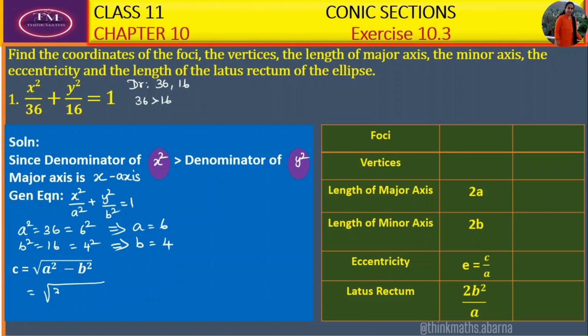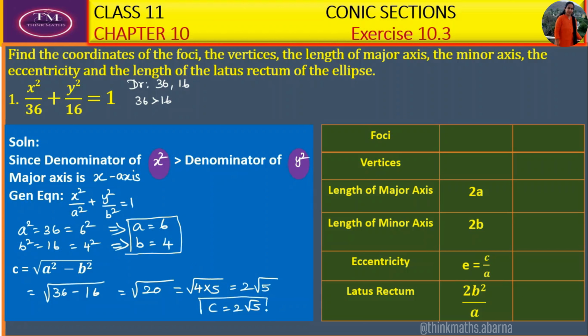So a square is 36, b square is 16. 36 minus 16 is 20. 20 can be written as 4 into 5. 4 is a perfect square of 2, so we can write 2 outside and root 5 inside. So c is equal to 2 root 5. So we got the a, b and c values.